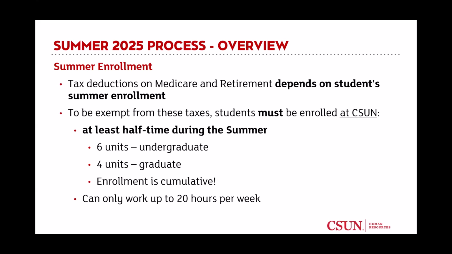If they fall into this halftime or more during the summer, then it's business as usual as far as 1870s go. They can only work up to 20 hours per week. It's a trade-off: because the students are FICA exempt, they don't get any deductions out of their monthly checks, but the maximum they can work is 20 hours per week.